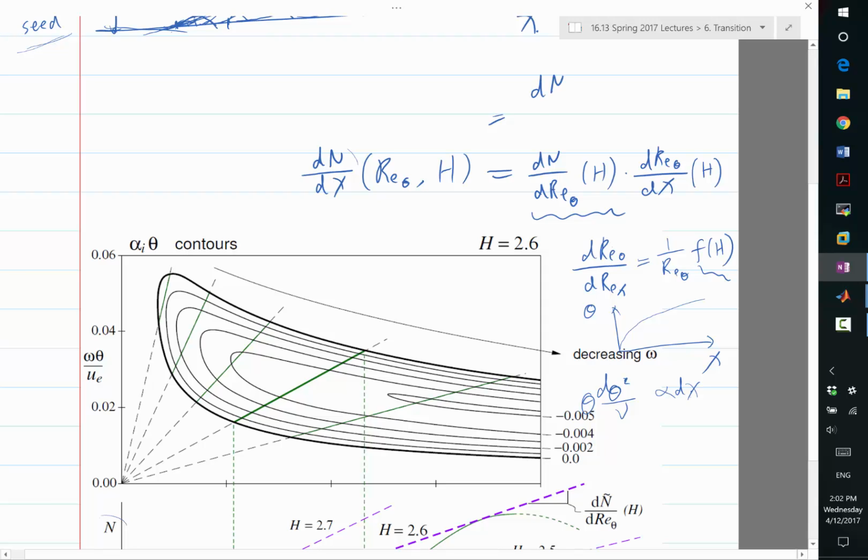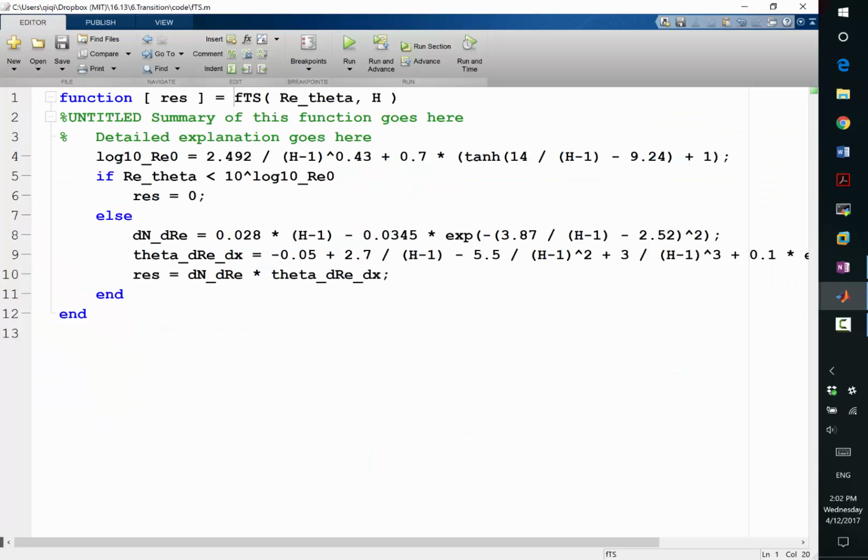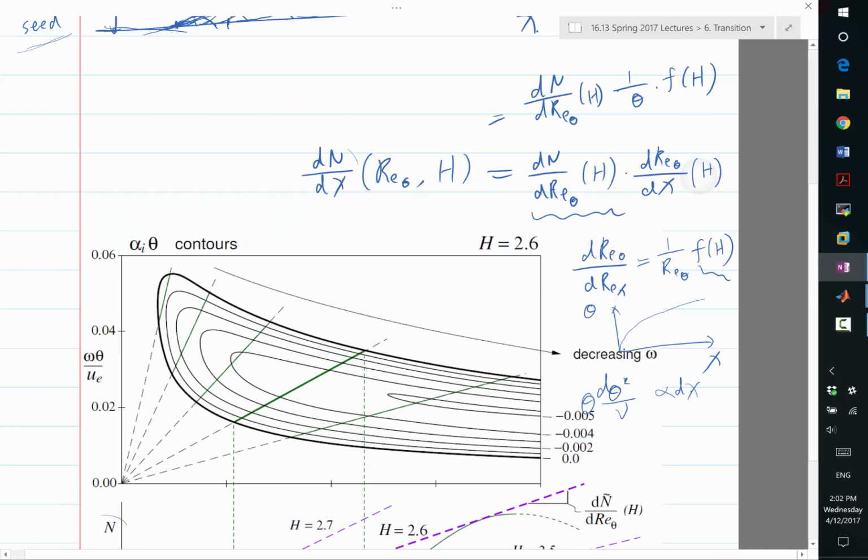So this is dn d(Re theta), which is a function of h, times 1 over theta times f of h. So what the function here does is compute dn d(Re theta) times f of h. We still need to divide the outcome of the function by theta to get the rate of growth.